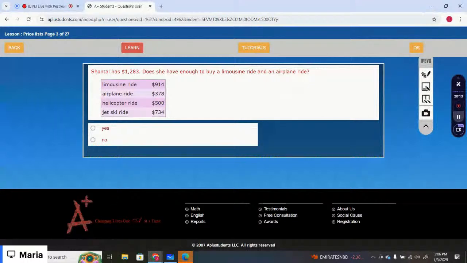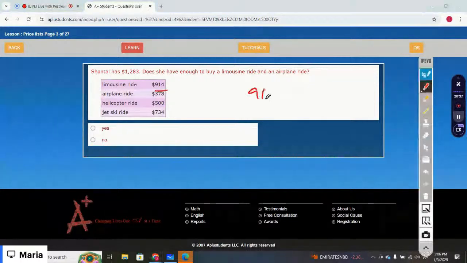Chantal has $1,283. Does she have enough to buy a limousine ride and an airplane ride? So the limousine ride is $914 and the airplane ride is $378.